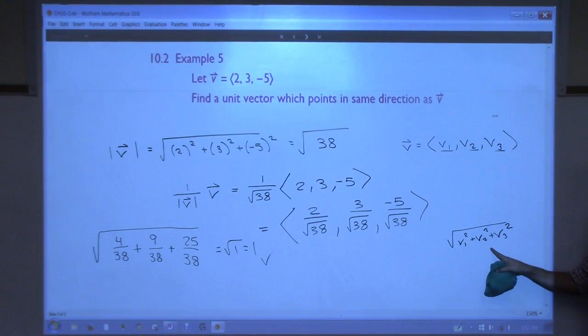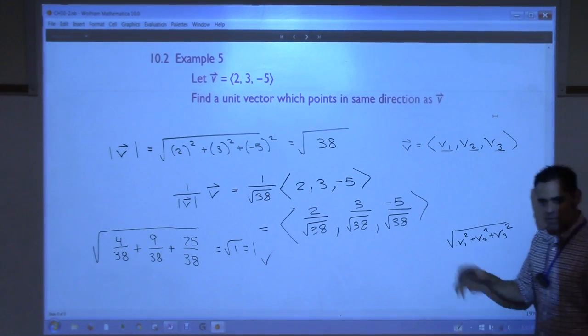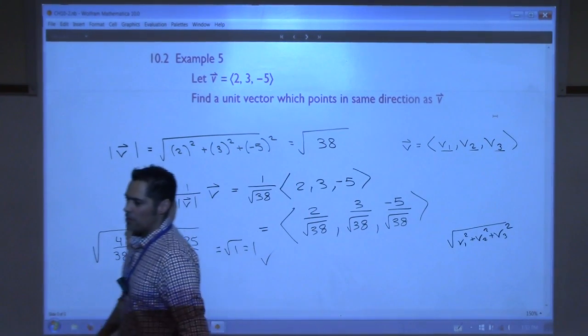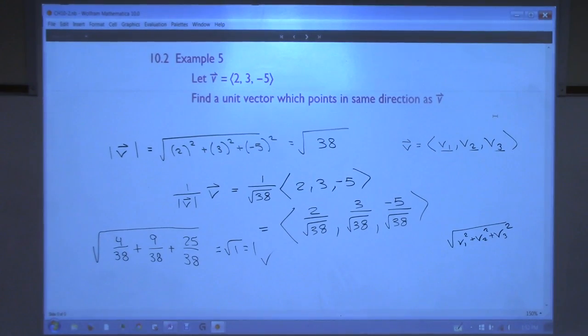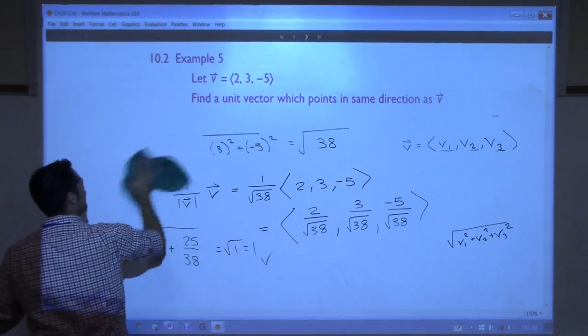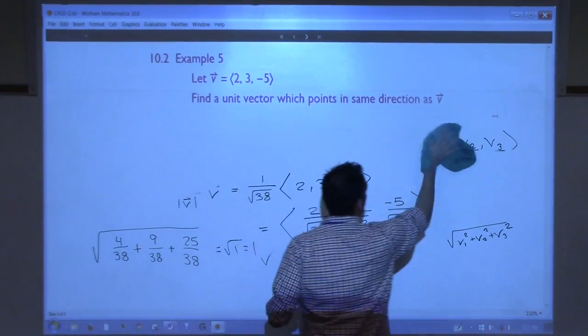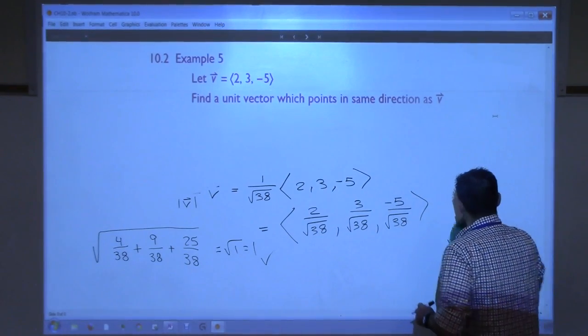That's how long it is, right? If I take that divided by this, that divided by this, that divided by this, that new vector, again, I guarantee has a unit length. How would you check? You take the square root. Trust me, just work it on your own. It's fun. Fun's relative, I guess. But you can verify that that's always going to work, no matter what your vector is.